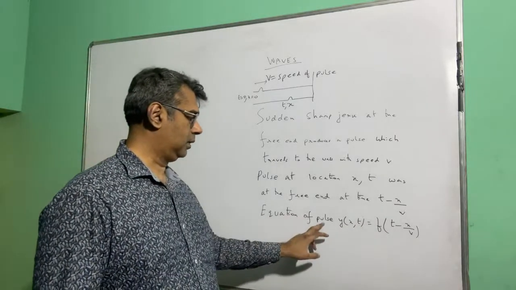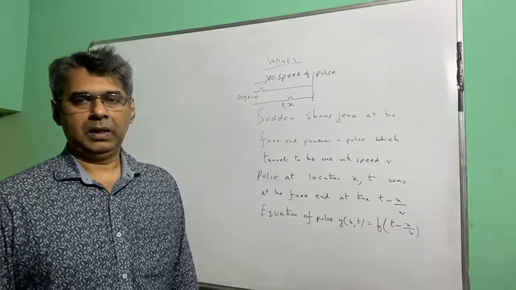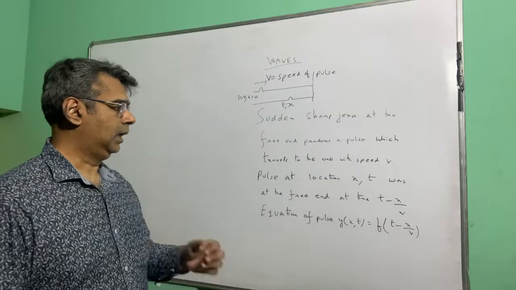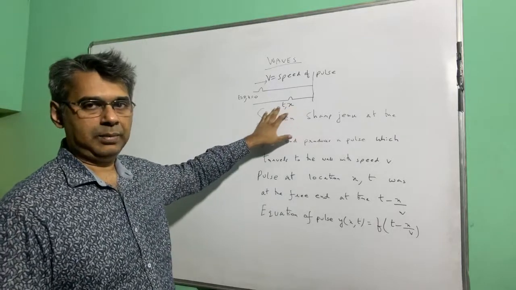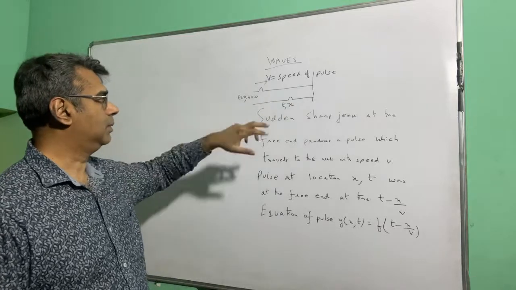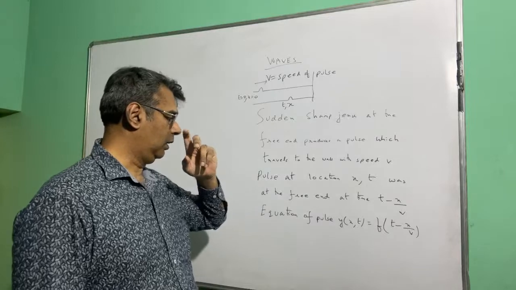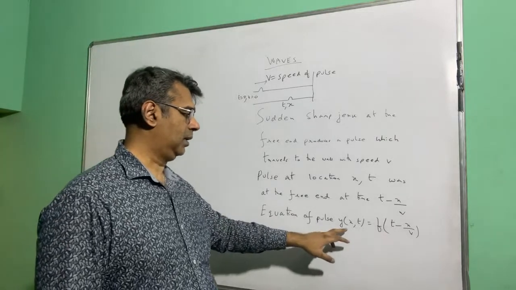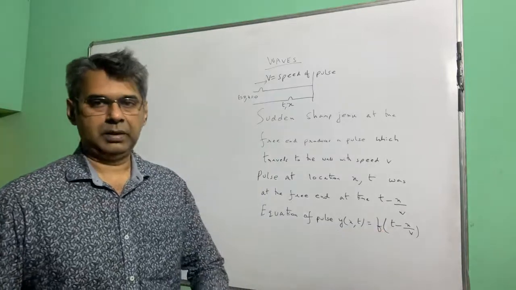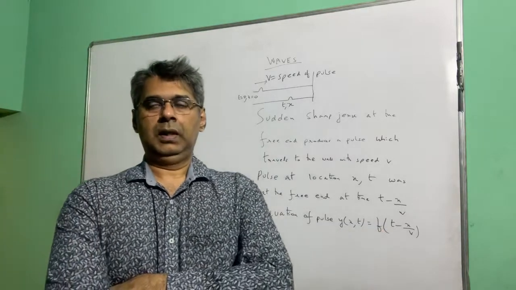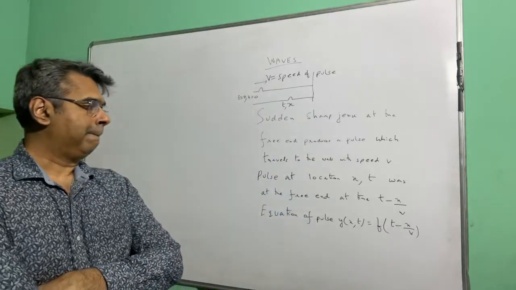This is the equation of the pulse, because like I said, at position x and time t, the pulse was at the free end at time t minus x by v, and therefore y(x, t) is f of t minus x by v. So this is the first equation of this chapter, that is the equation of the pulse.